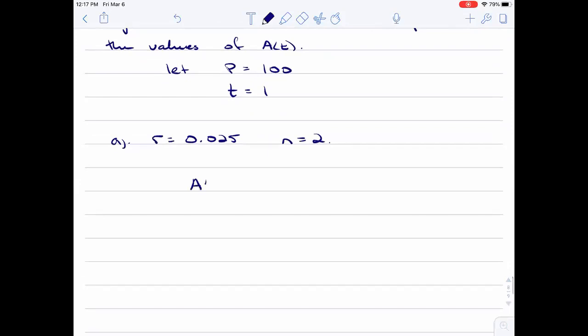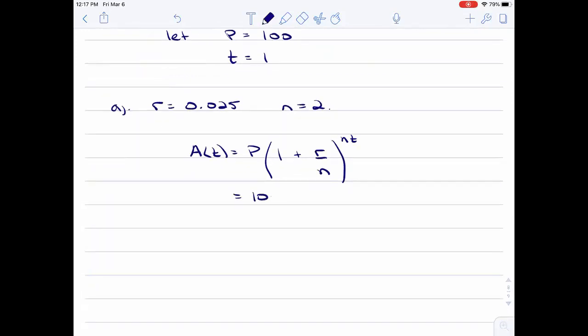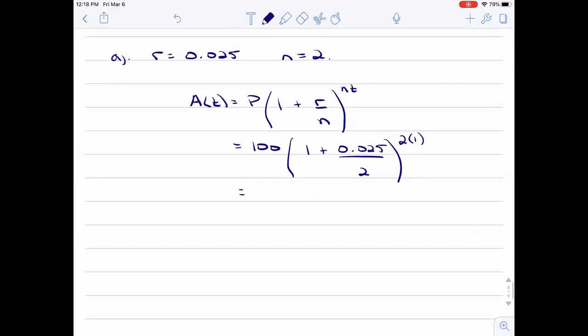So we've got A of T is P times 1 plus R over N to the power of N times T. So in this scenario, I invest my $100 and I get 100 times 1 plus 0.025 divided by 2, to the power of 2 times 1 year. So I get 0.025 divided by 2.